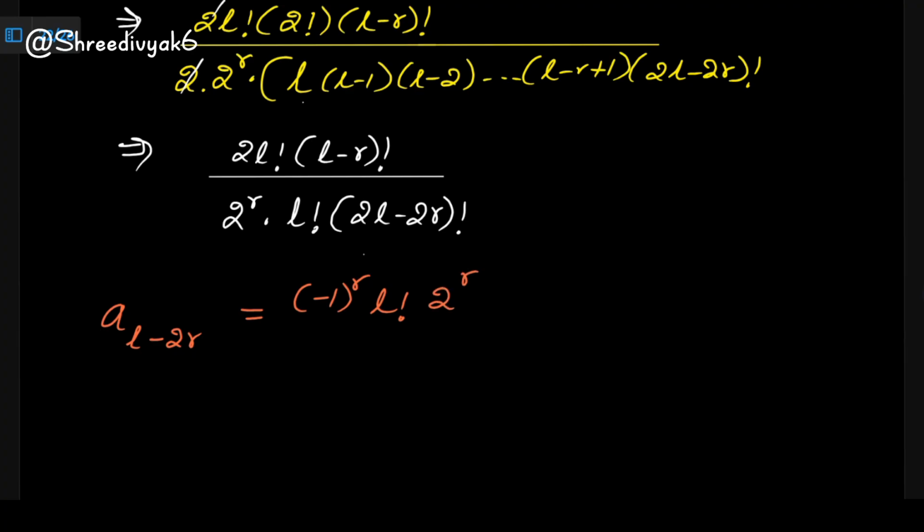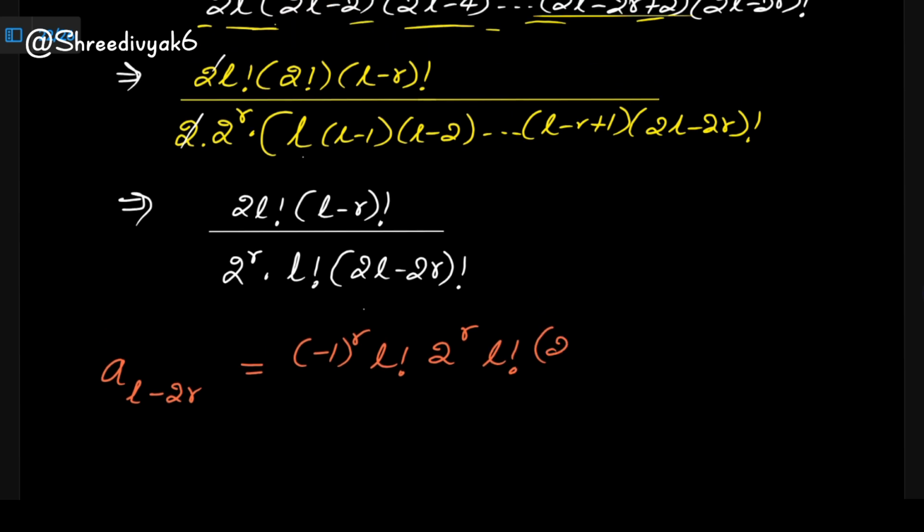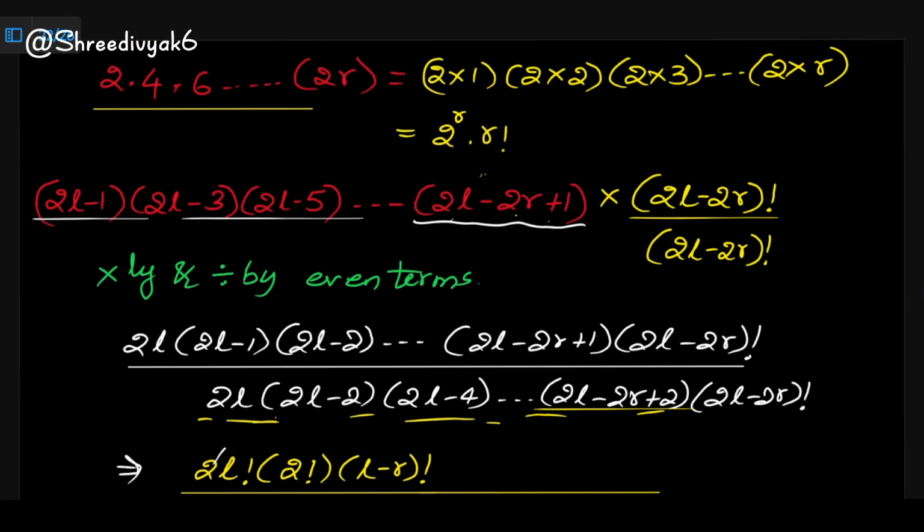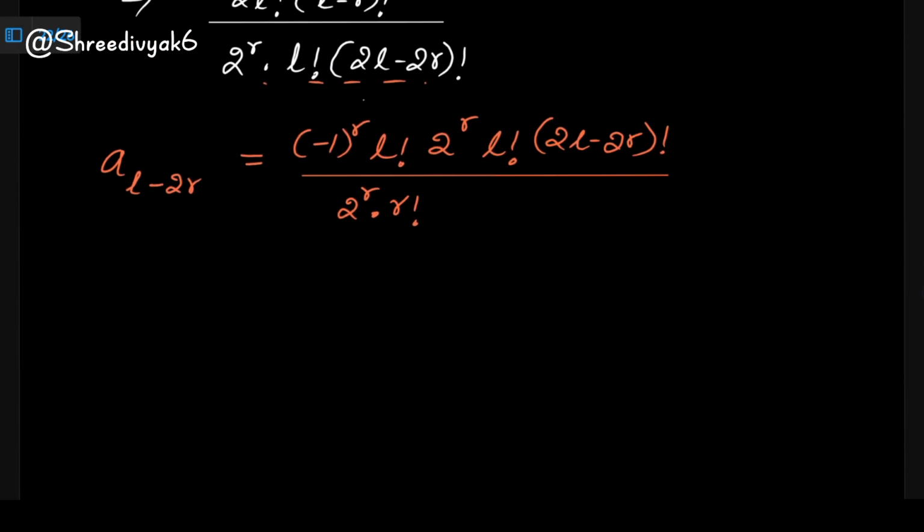So a 2 raised to r into L factorial into 2L minus 2r factorial, which is in the denominator here, that thing will come in the numerator, divided by 2 raised to r into r factorial, that 2, 4, 6 we had done, into L minus 2r factorial into 2L factorial into L minus r factorial, the whole thing multiplied with AL value.